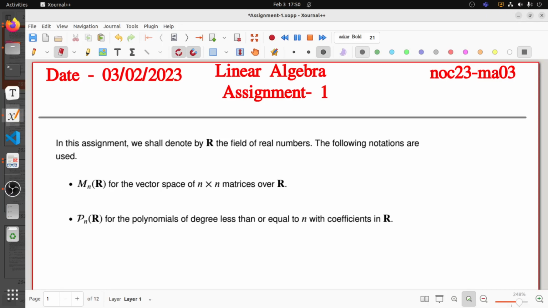We want to make V a vector space, so we have to define the addition and scalar multiplication. Here in the question they have defined two operations and we have to check.